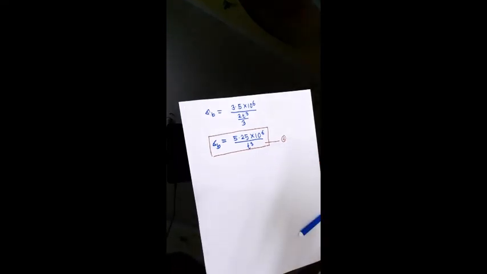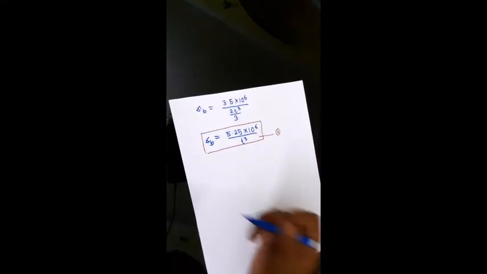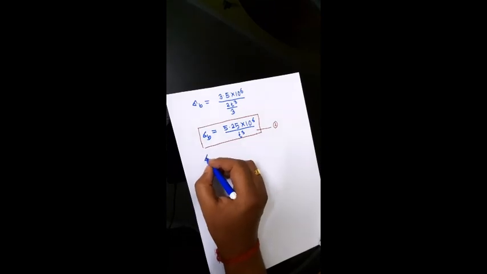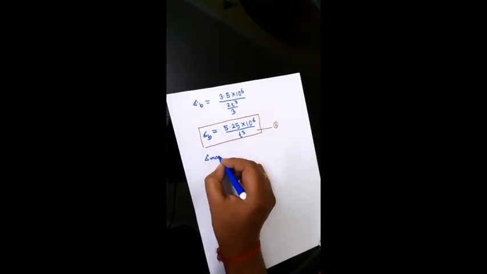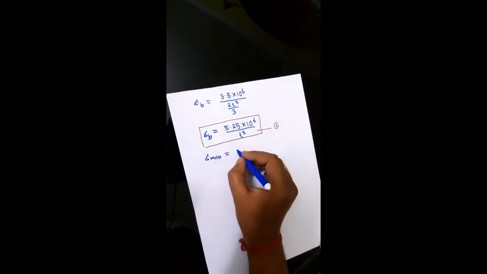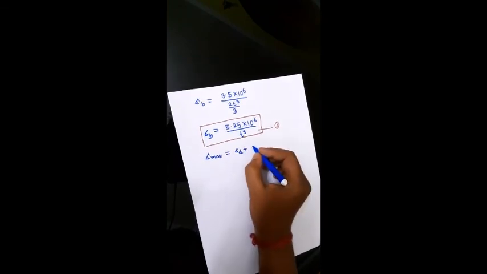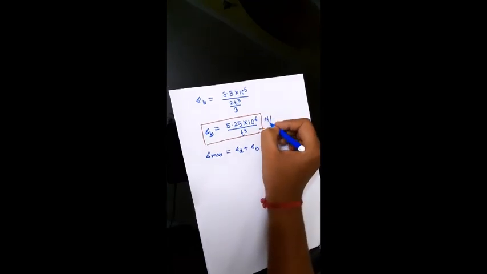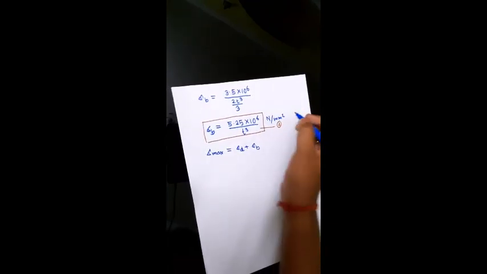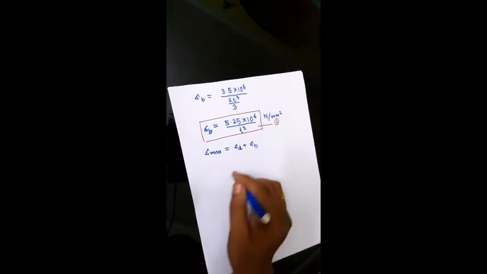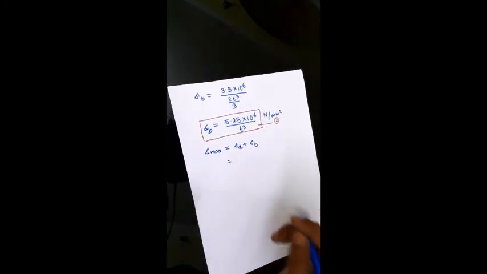Now as per the concept of combined bending stress, the value of sigma max will be nothing but the direct stress value plus your bending stress value. This is also in Newton per millimeter square. So we have to calculate these two values.